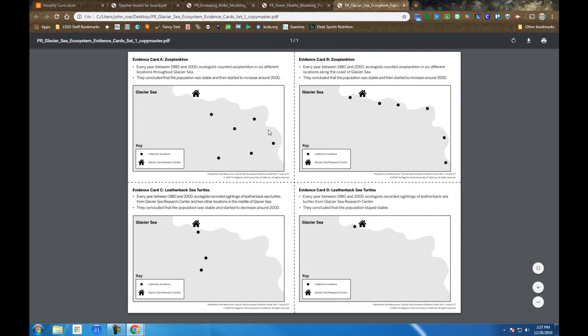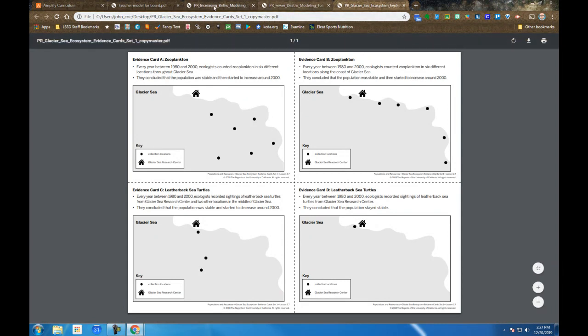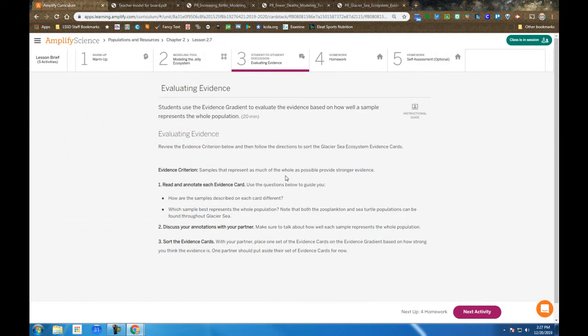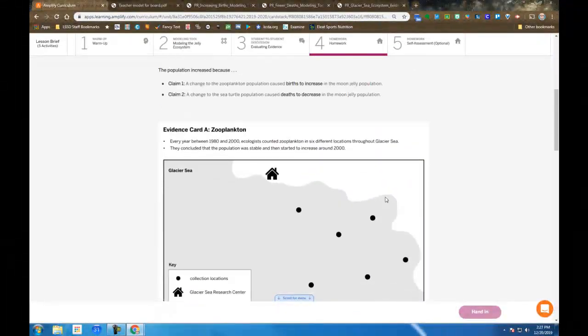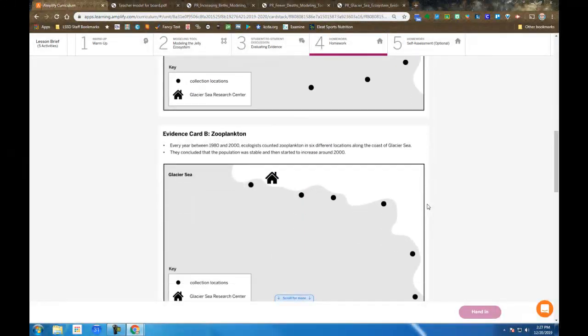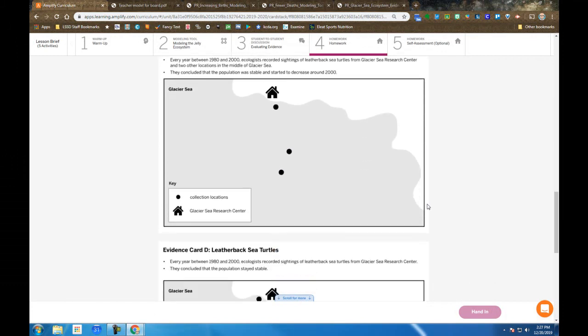So as a student, your evidence cards are going to be cutouts of this handout, but they're also available on your screen. Amplify likes to give you physical things to move around as you think through what's going on. So you're looking at those samples, and I will pull them up where you can see them on their screen, and you're trying to determine what is happening to the moon jelly population.